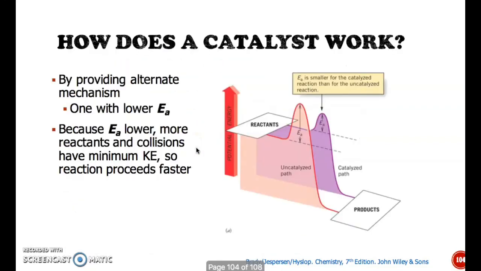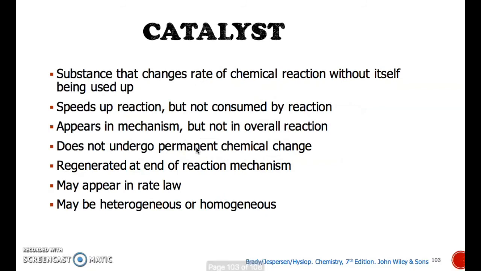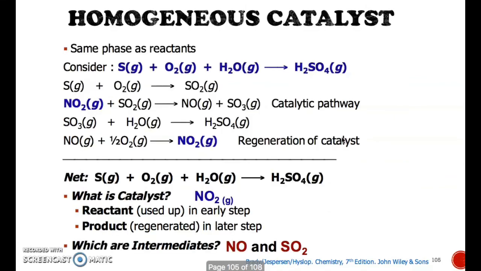Okay, because of the catalyst, it is without itself being used up. So it will speed up the reaction but is not consumed by the reaction. So here we look at this, NO2 is the catalyst.